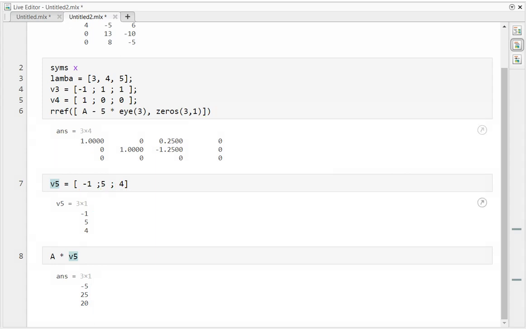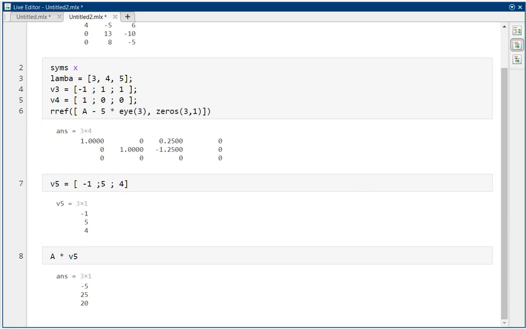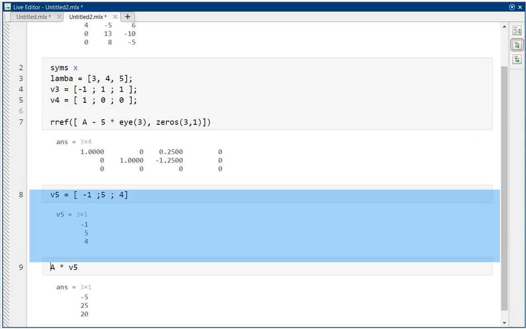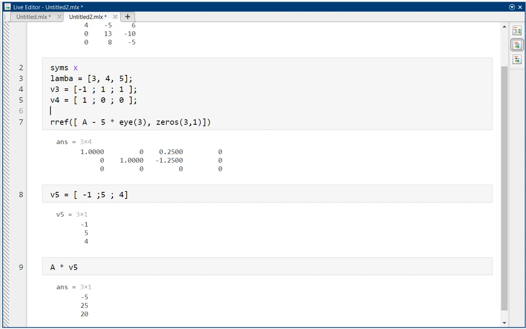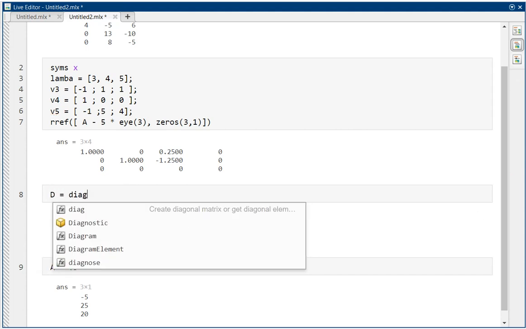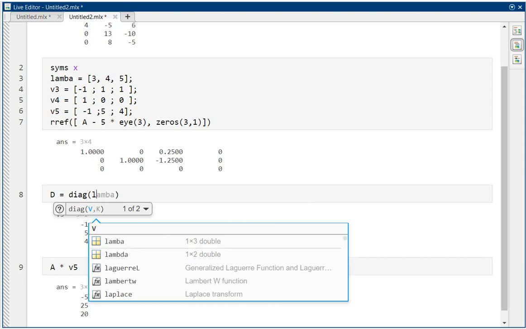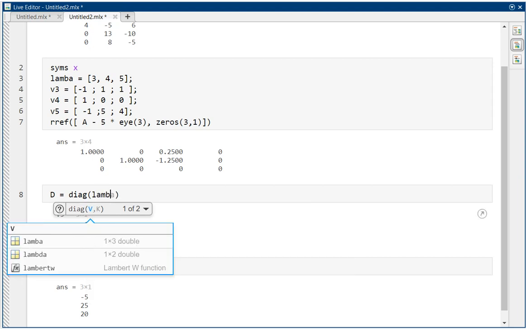Okay, so now we have it. Let me copy paste V5 up here so we've got the whole shooting match. All right, and now we should be able to create these matrices. I'm pretty sure diag will take this, this is why I wrote them this way.